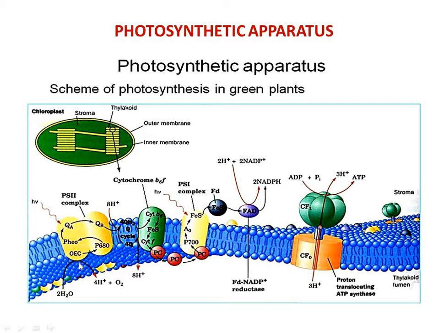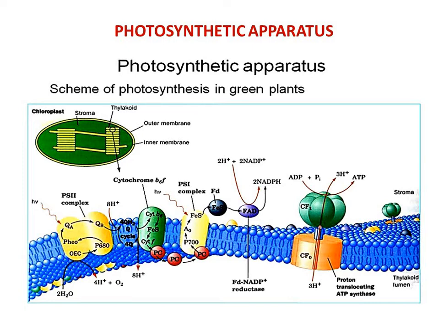The light energy is a quantum of energy that is absorbed by the photosynthetic pigments present in different photosystems, that is photosystem 2 and photosystem 1. Here the radiant energy is absorbed by the light harvesting complex, which consists of a number of photosynthetic pigments.